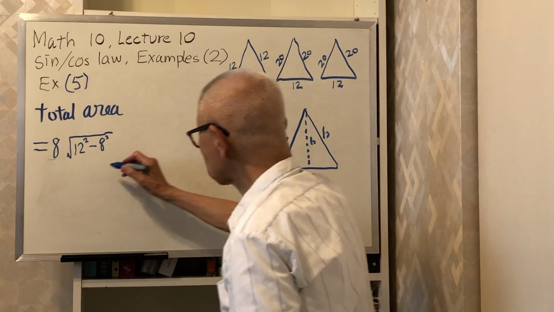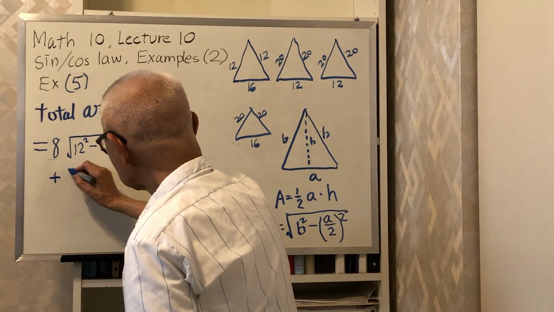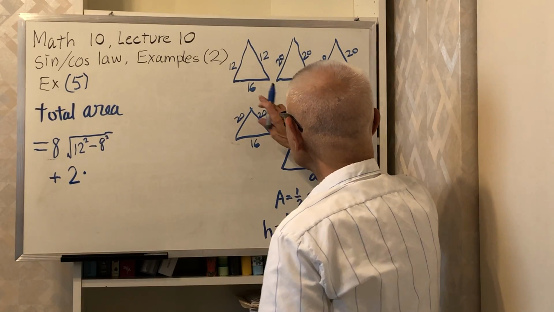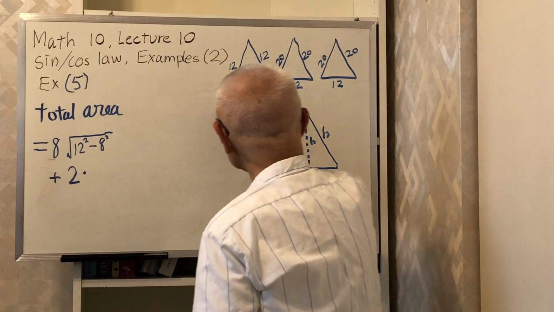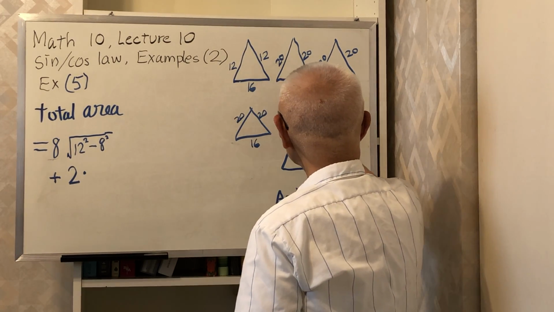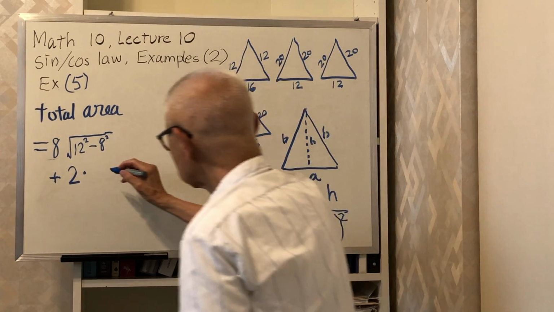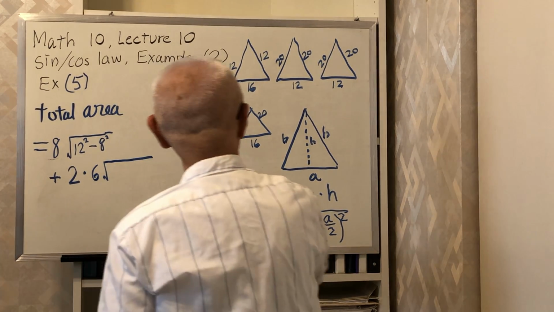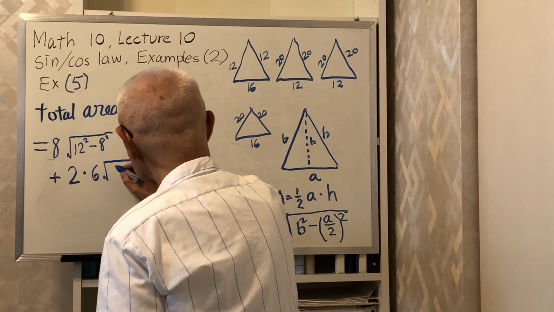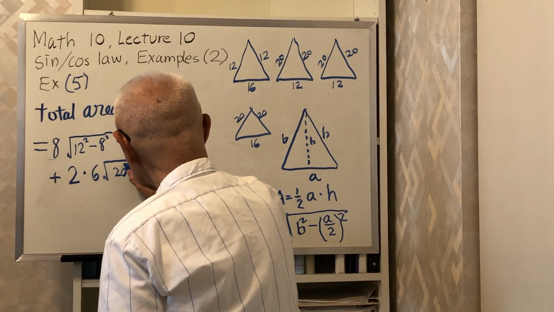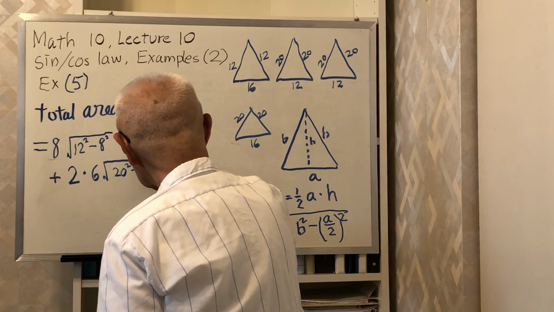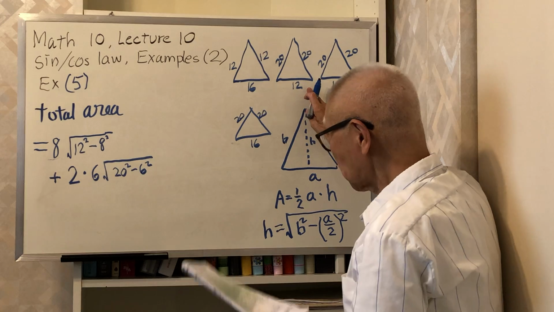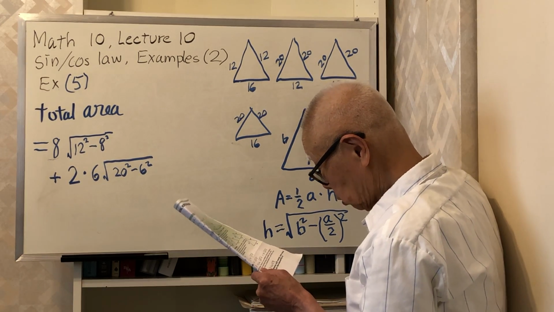So I add 2 times this. Now you see that the triangle is half of the base times height. So half of the base is 6 times height, 20 and 6. That is the sum of the area of this triangle and this triangle.